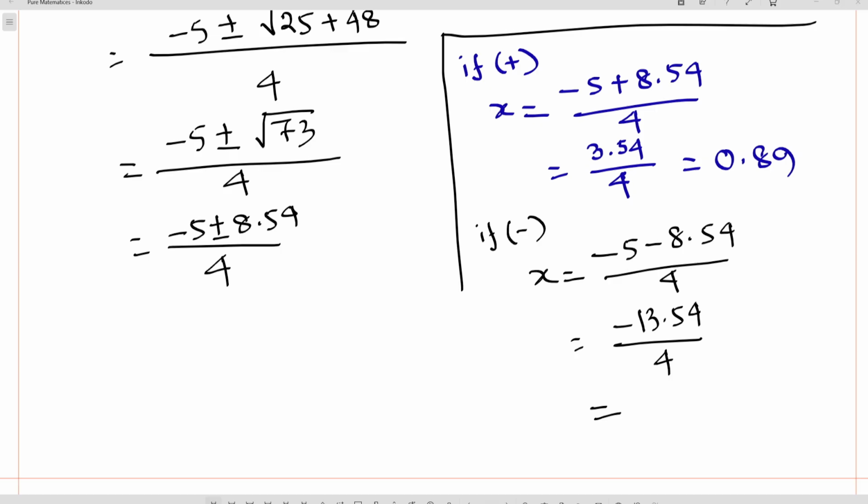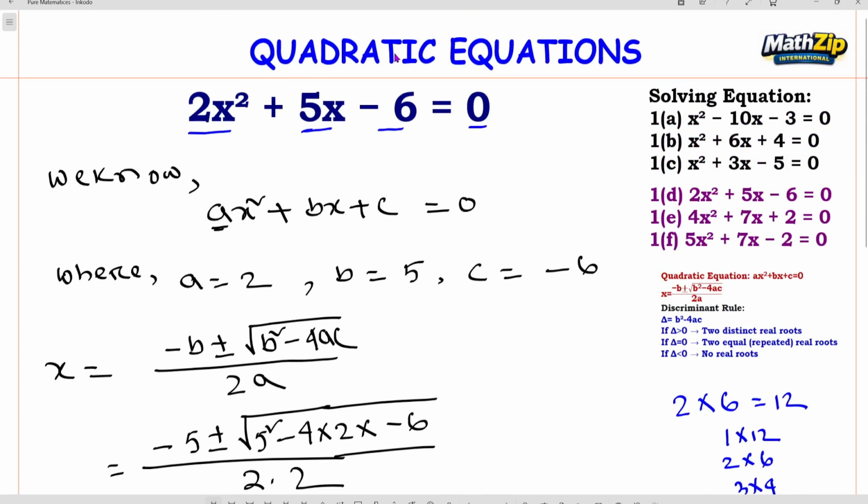Minus 13.54 divided by 4 is minus 3.39. So our answer is x equals minus 3.39 or 0.89. Finished. So very simple.